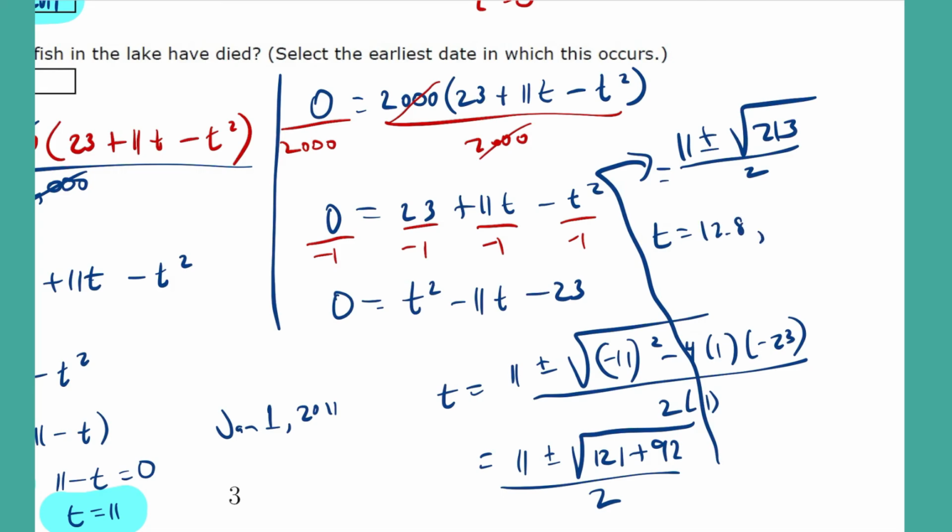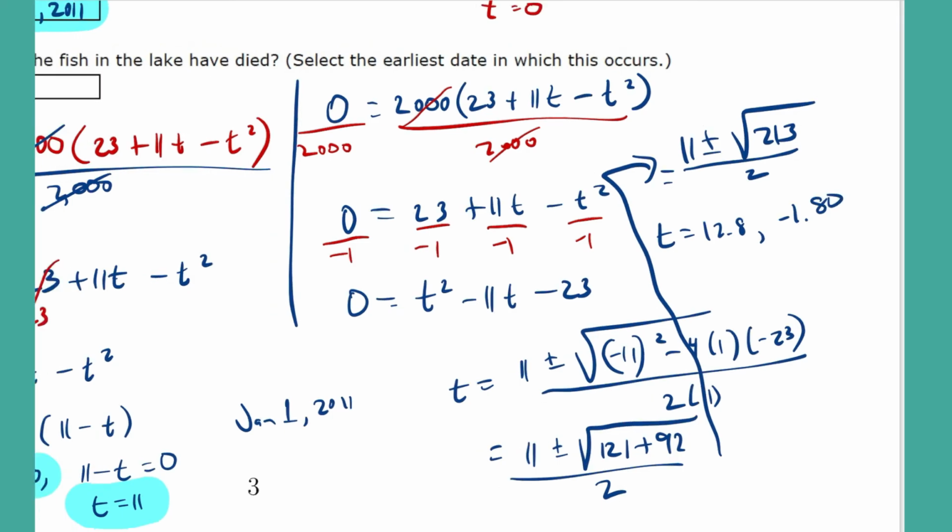Now let's do the minus. 11 minus the square root of 213 divided by 2. That's going to be negative 1.79, or actually 1.80 if you round.